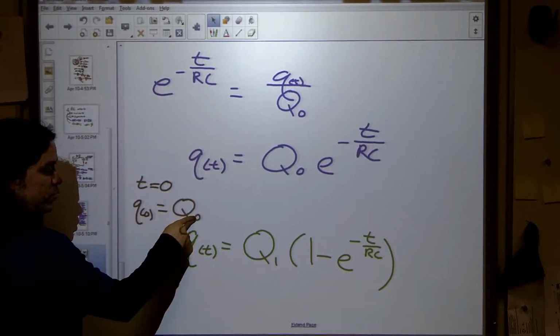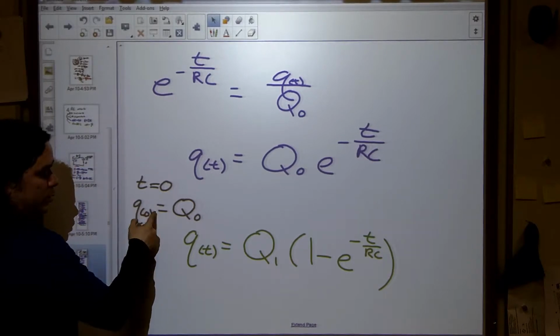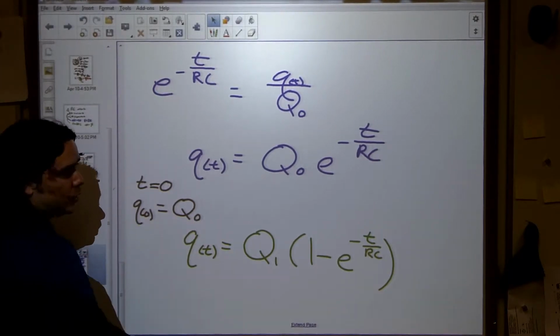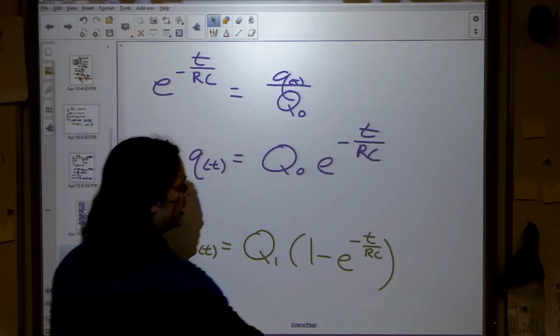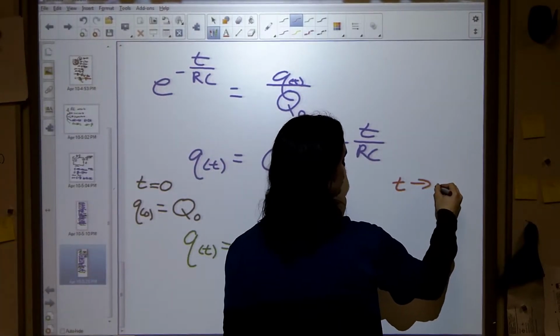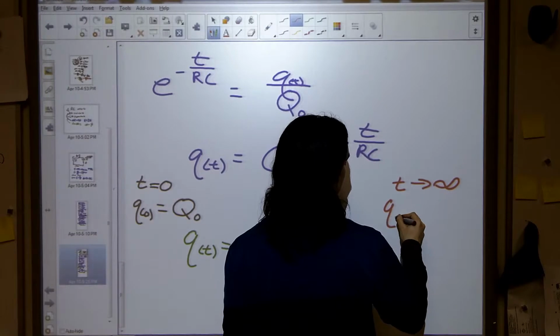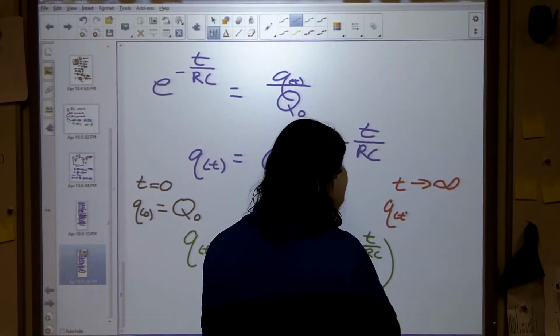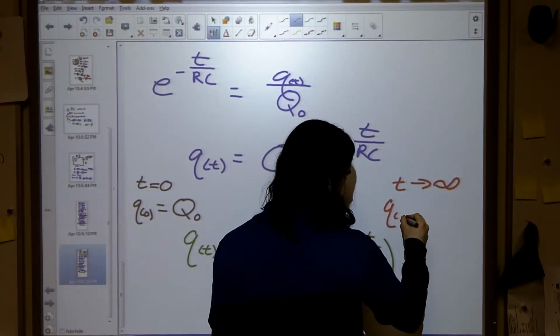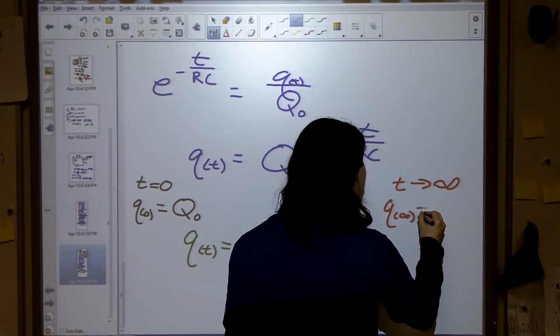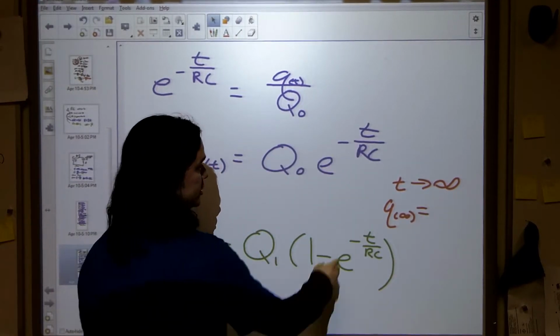In fact, this is where we get that notation with the naught. We just drop the parentheses. Naught means at time equals 0, and that is why it's the initial. If we look at time goes to infinity, Q of infinity, in other words, we wait a really long time.